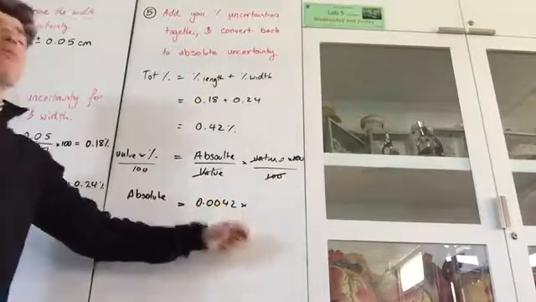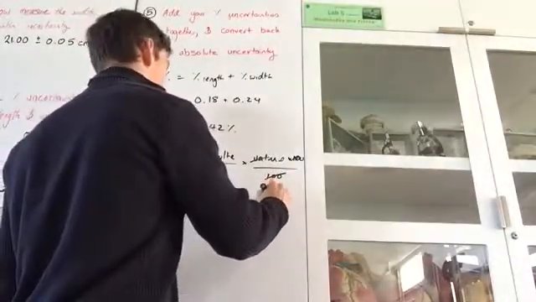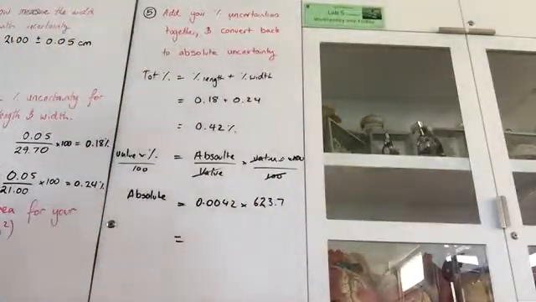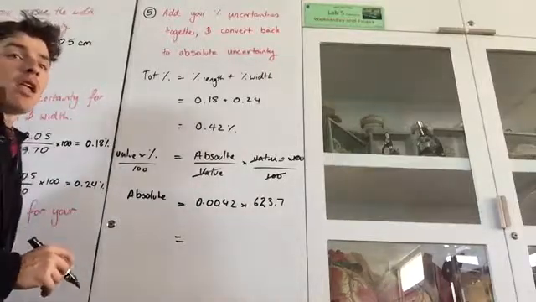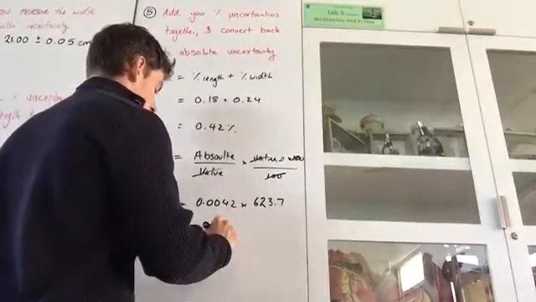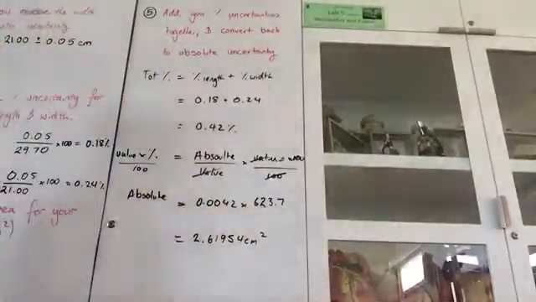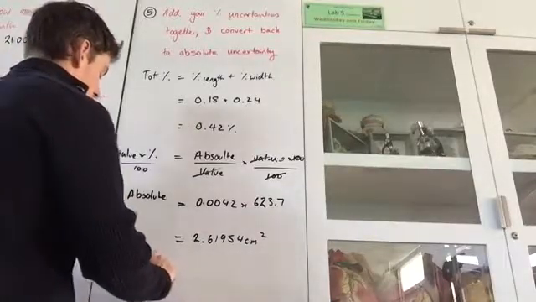So I need to multiply that by my area, which is 623.7, and I get, someone with a calculator, who is the calculator? 0.0042 times 623.7. 2.61954 centimetres squared.